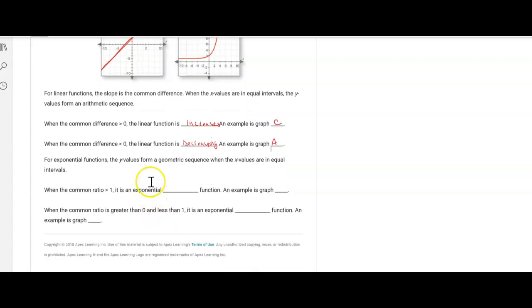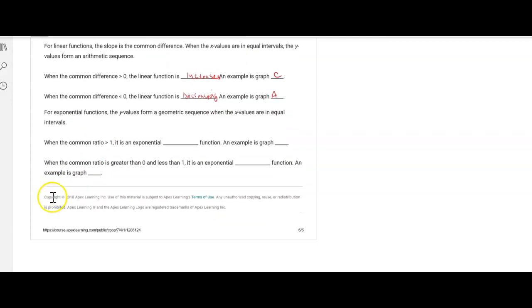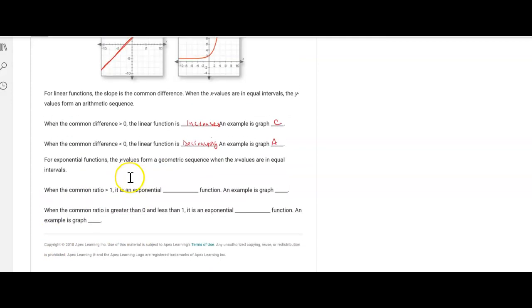For exponential functions, the y values form a geometric sequence when the x values are in equal intervals. When the common ratio is greater than 1, it is exponential growth.